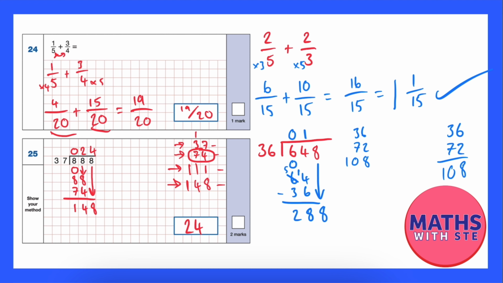108. Nowhere near yet, are we? But we can see if we get to 144, then we just need to double it to get to 288, don't we? So I'm going to add on another 36 there. So 108 add 36. My working out is getting very messy now, isn't it? So 8 add 6 is 4 with 1 left over.